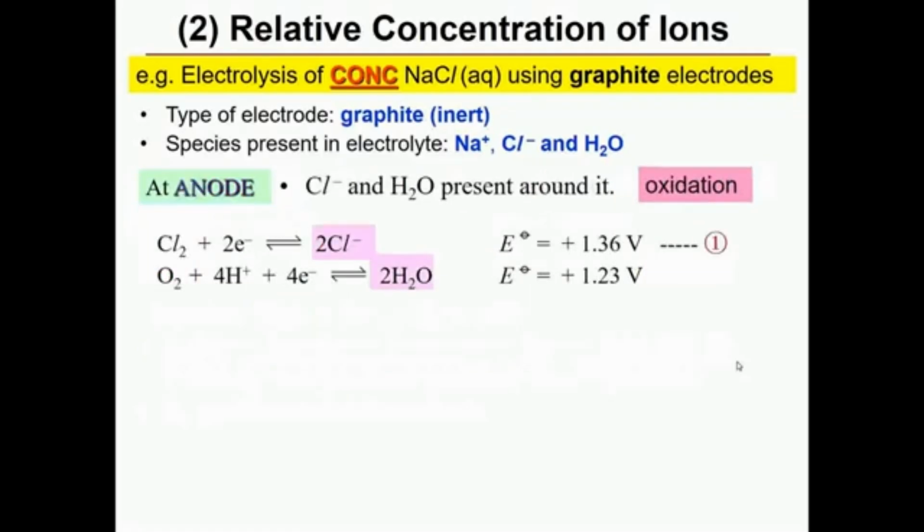At the anode, anion Cl- and water are present around it. At the anode, oxidation occurs. So looking at the E0 value, although the E0 for chlorine chloride is more positive than that for water oxygen, because of the high concentration of the chloride ion present, the equilibrium position shifted such that the oxidation reaction is favored, making the E0 value less positive.